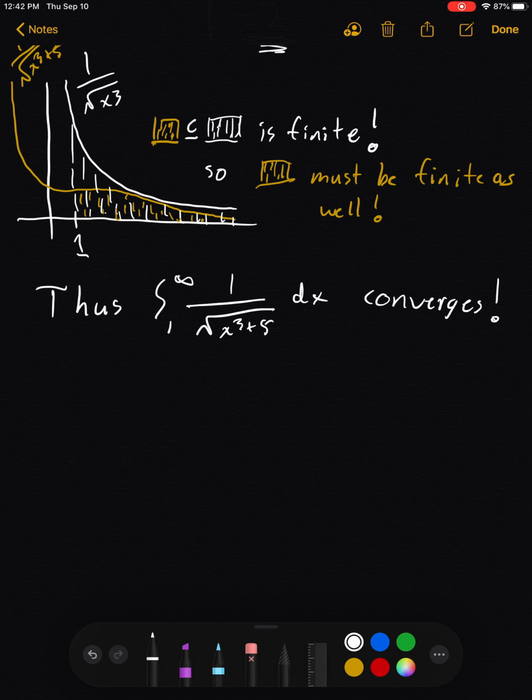And that is a really direct applied example of the comparison of improper integrals, and specifically the comparison test. So there is basically an official rule that we're going to follow anytime we're doing these.